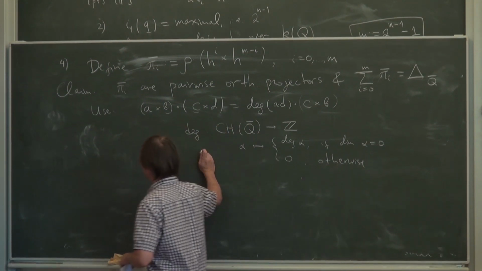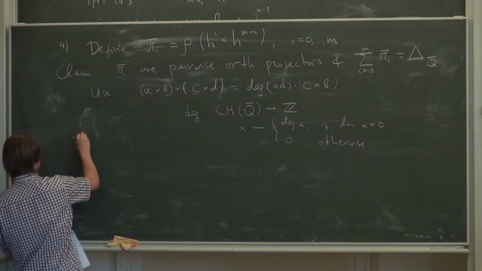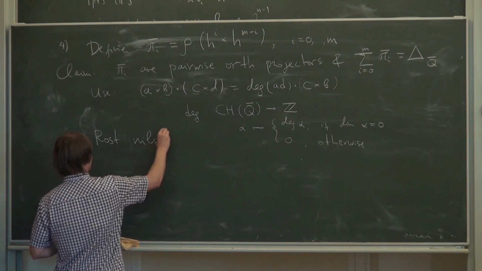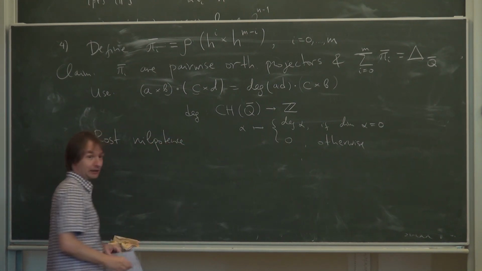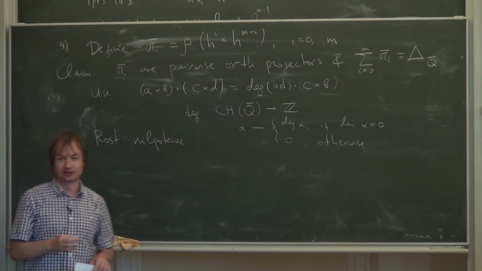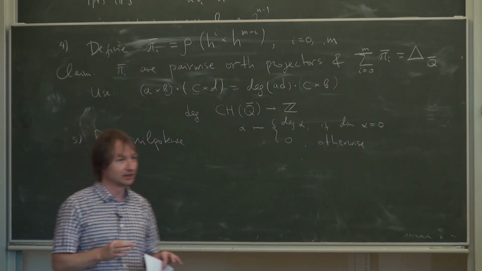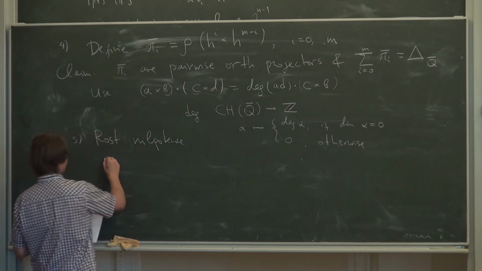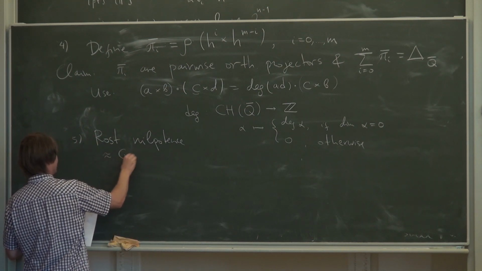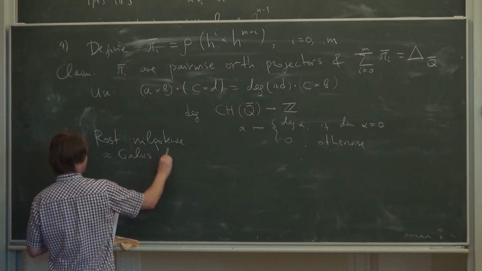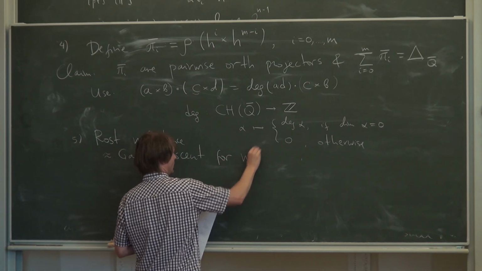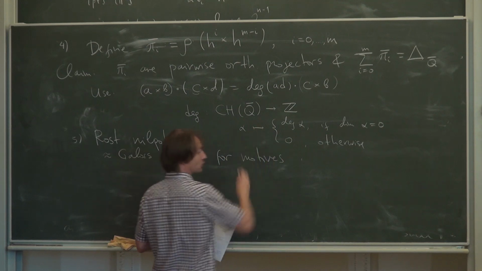It's called Rost nilpotence, which says that it's okay. It's a Galois descent for motives, if you want, at least for quadrics.